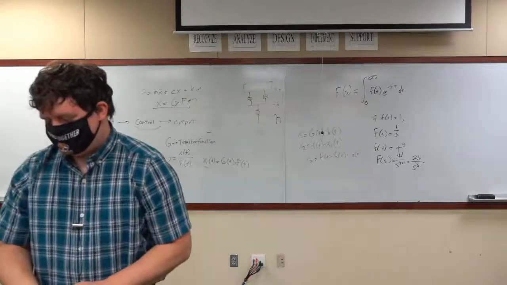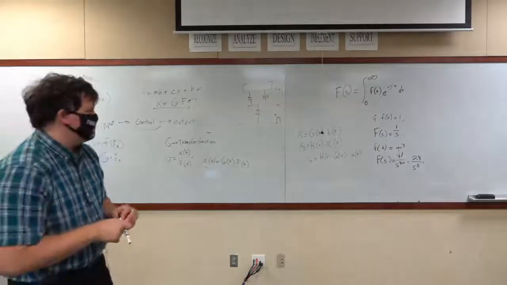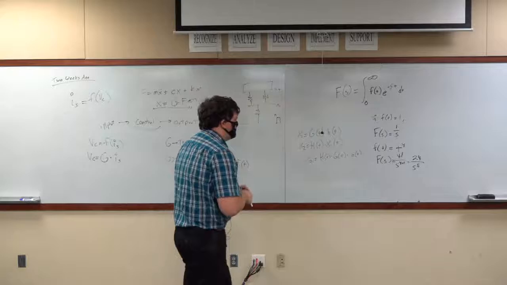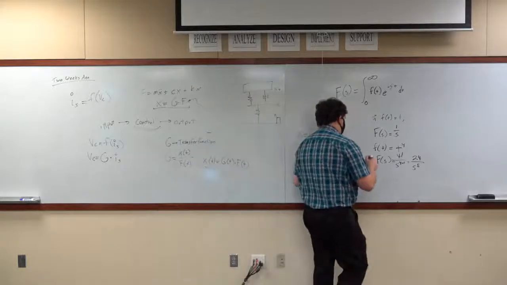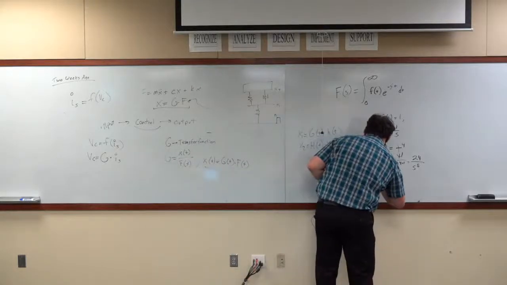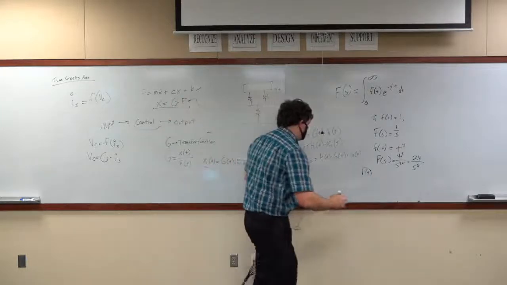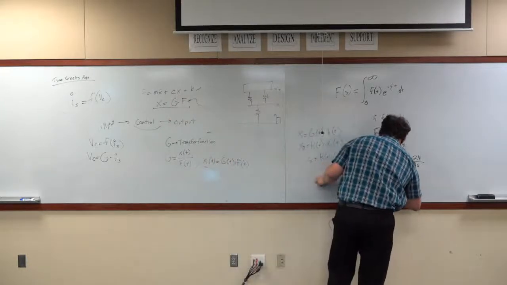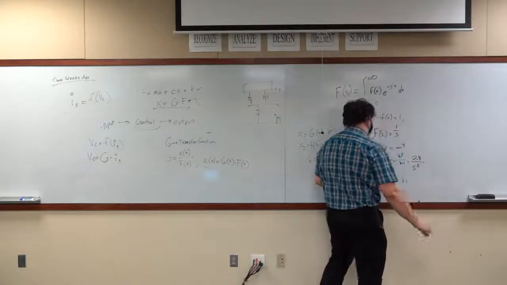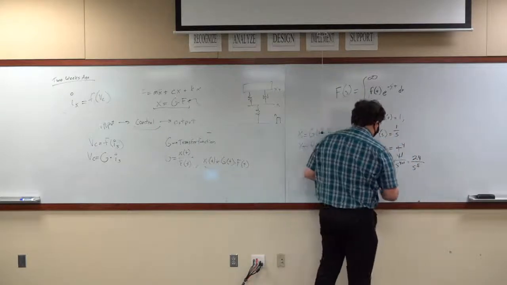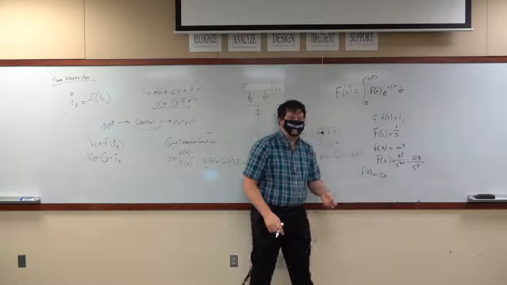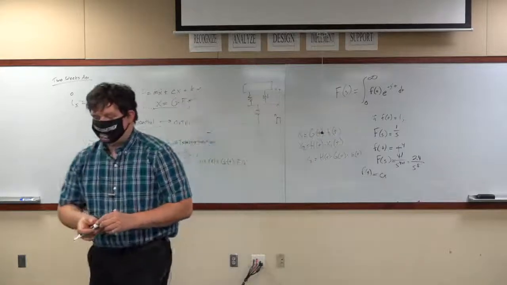Okay. Now the thing that we've had to deal with a lot in this class has been, what if f of t, for example, over here, is equal to c x dot, where x is some function of time? Now, how do you handle that?